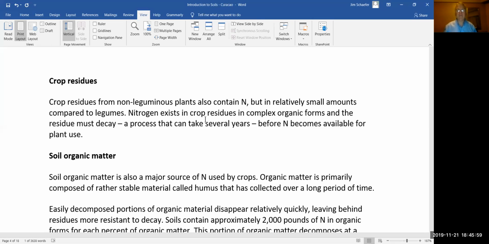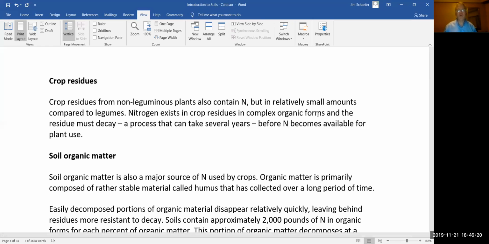Whenever the organic materials are broken down, the crop residues are broken down. And whenever they mention complex organic forms, what they're talking about is the nitrogen that is in the crop residues.